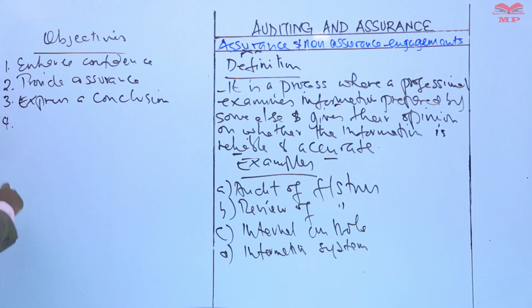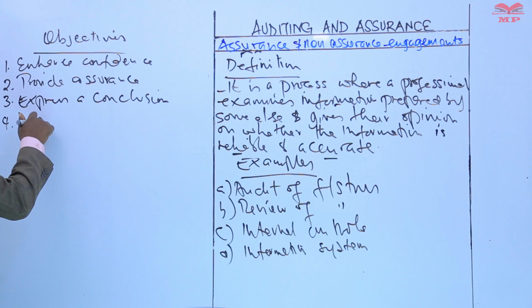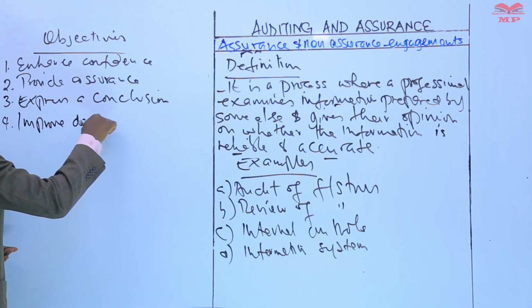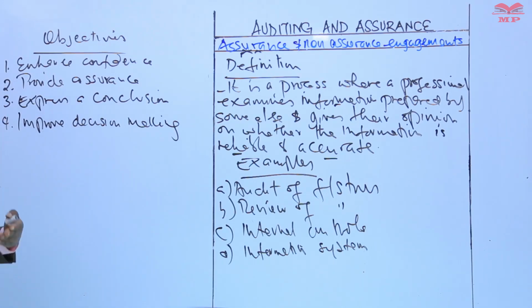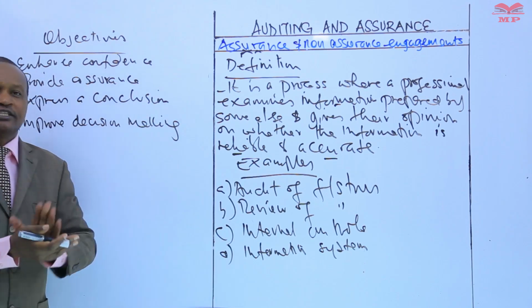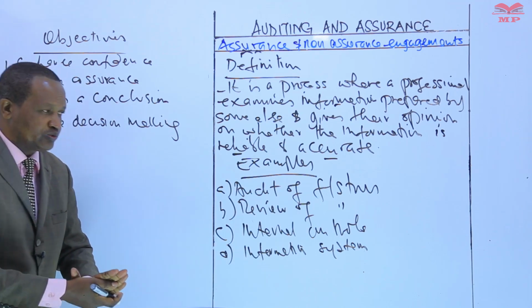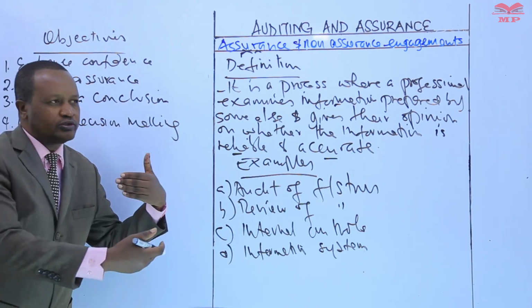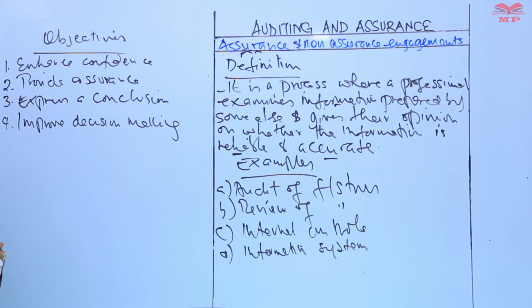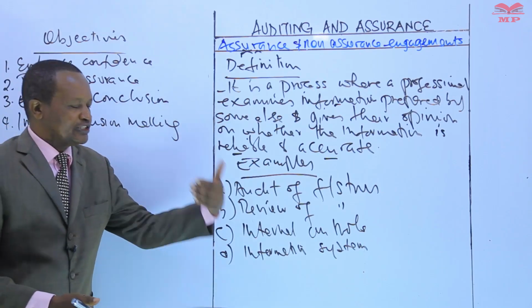The fourth objective is in relation to decision making, is to improve decision making. Assurance engagements improve decision making. This engagement enables users to make more informed and better decisions based on the assured information. And the increased confidence in the information then allows the users to rely on it for various decision-making purposes.